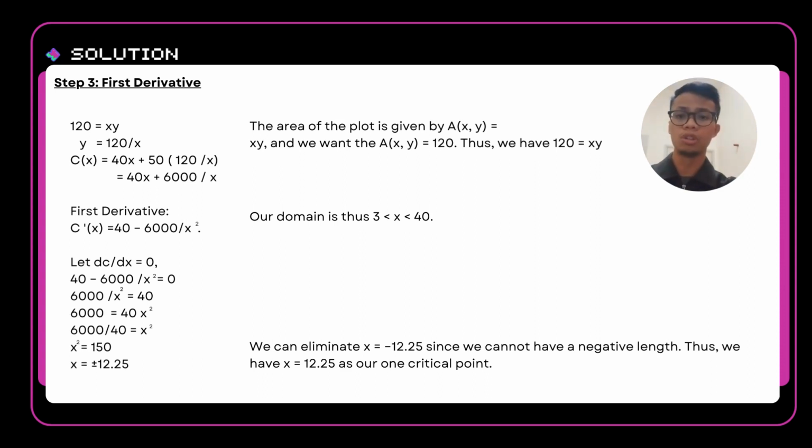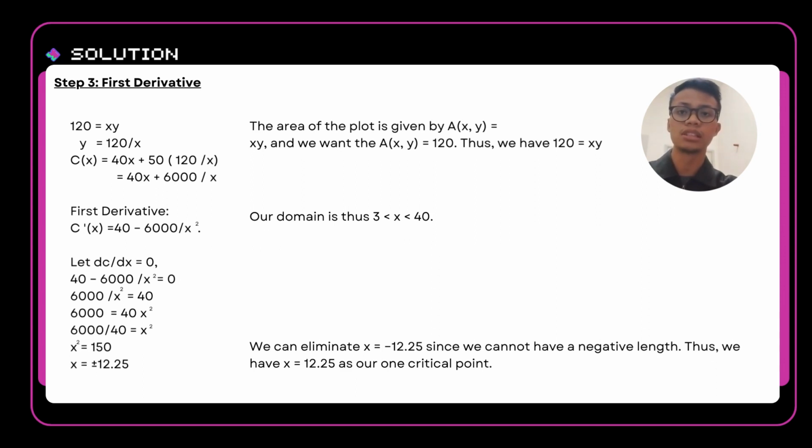From here we know that our domain must not be less than 3 because it says at least 3 feet, and below 40. And then we let the derivative be equal to 0, so that we want to know the value of x. 40 minus 6000 over x squared equals 0.